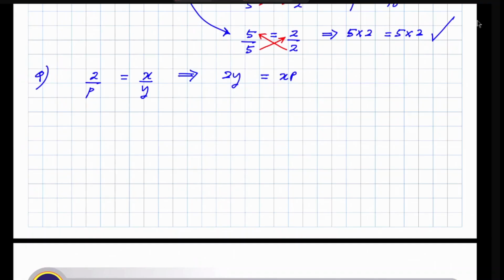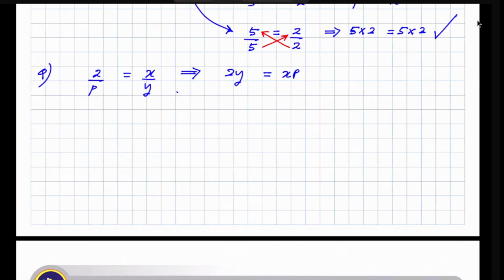Also, if you want, you can say 2 is equal to px divided by y. Still right. Likewise, you can have many more variations. For example, you can say 2y divided by p is equal to x. All of these variations are correct under this cross multiplication concept.